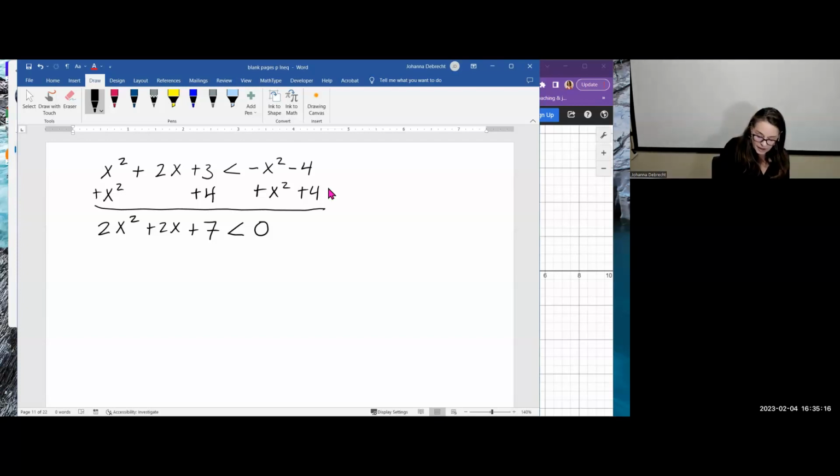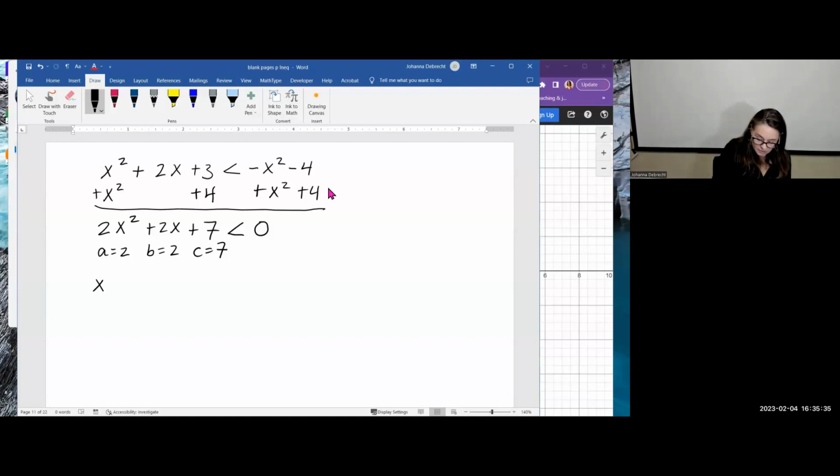So when I do that, I'm going to have a equal to 2, b equal to 2, and c equals 7. I'm looking where this parabola, which opens up, is below 0. That's equivalent to the equation that we had at the beginning.